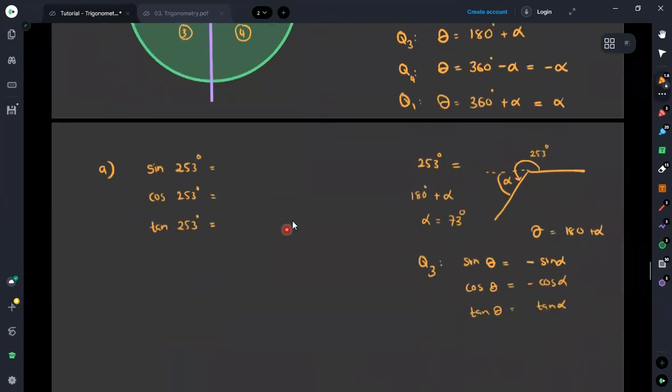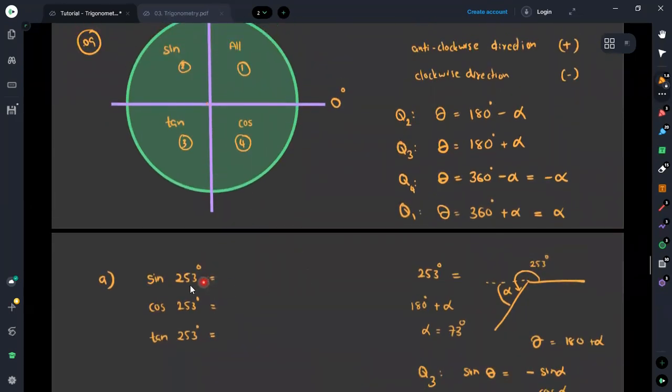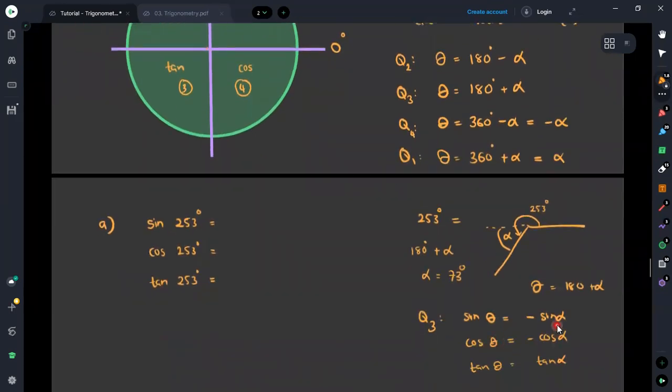Therefore, in this scenario, what we can take is sine 253 degrees. We have found the associate acute angle alpha equal to 73 degrees. Then we can say the equivalent angle is sine 73 degrees. But once this alpha is formed in the third quadrant, the sine value should be negative.